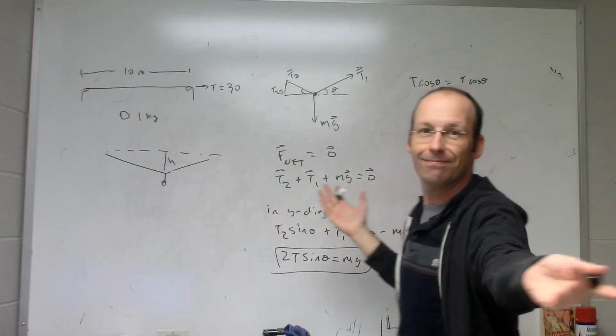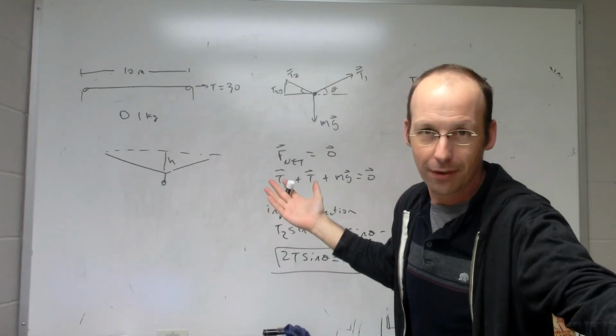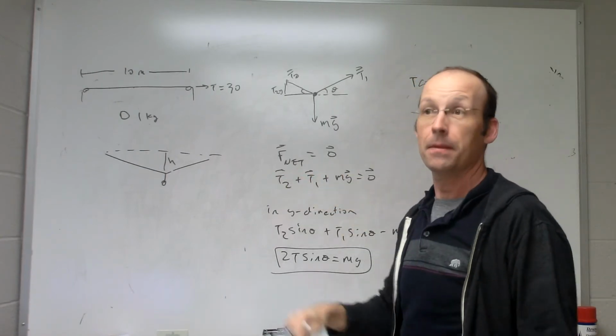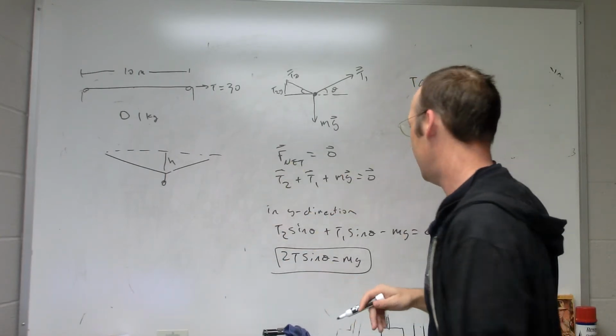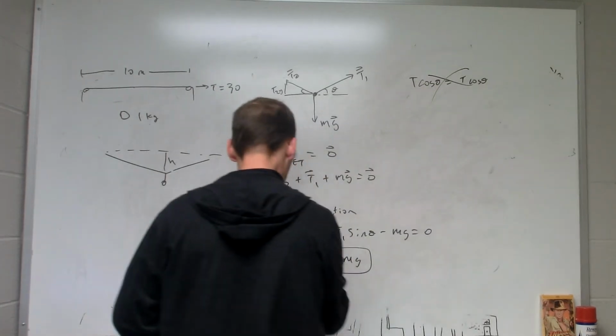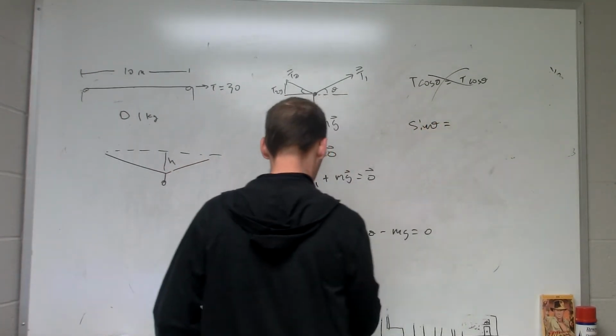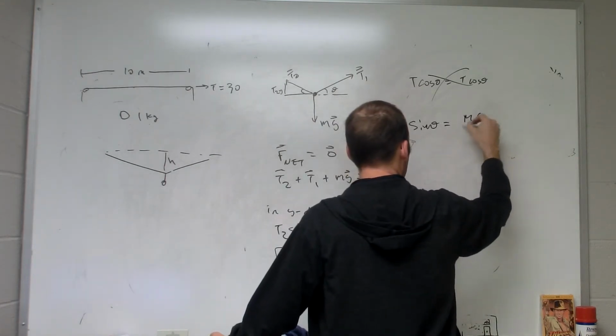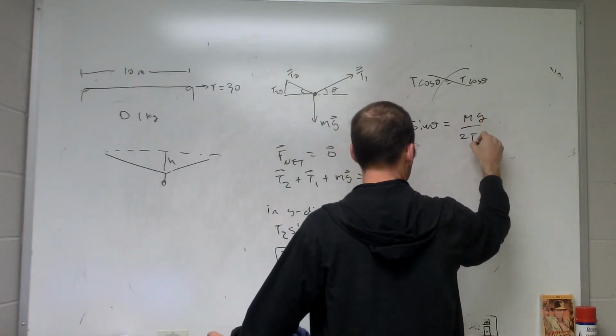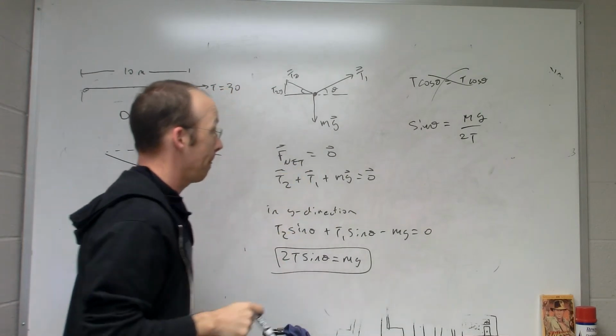Oh no, I didn't make it unsolvable. I said the tension was 30 newtons, and it stays 30 newtons. I did say that. So I don't need that, I just need that. I know T is 30. So sine of theta equals mg over 2T. So there's my sine of theta.